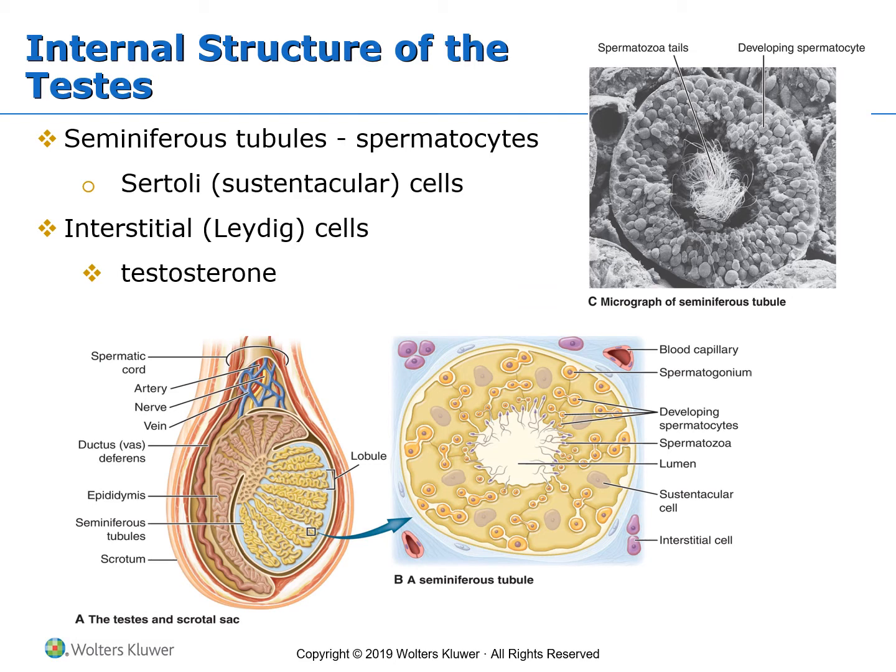Let's look at their internal structure. Inside the testicles, there are highly specialized cells, and they consist of tiny coiled seminiferous tubules. Inside those tubules, there are primitive cells that can divide and develop into spermatozoa. The spermatozoa are supported by neighboring cells called sustentacular cells or Sertoli cells.